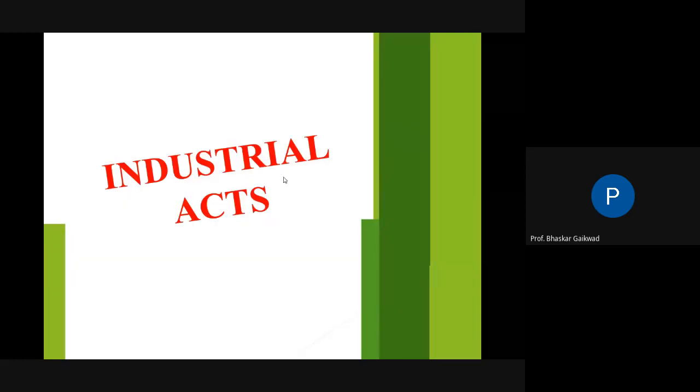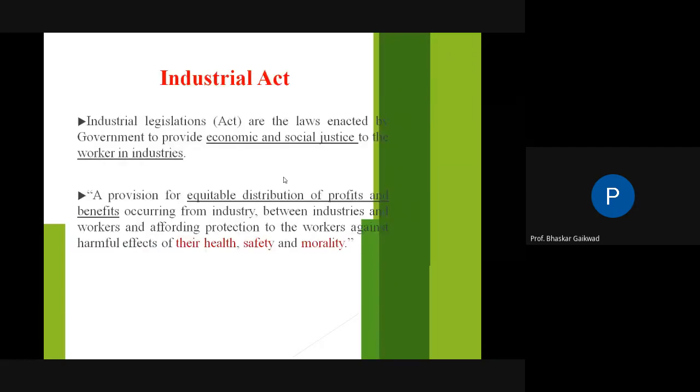So, some industrial acts are there. Yesterday we have seen, now we will go to a certain act. Industrial acts means laws. These laws are enacted by the government to provide economic and social justice to the worker, financial as well as social justice.